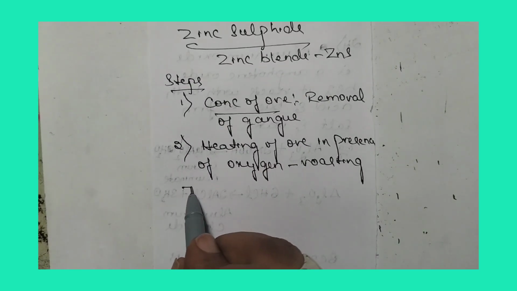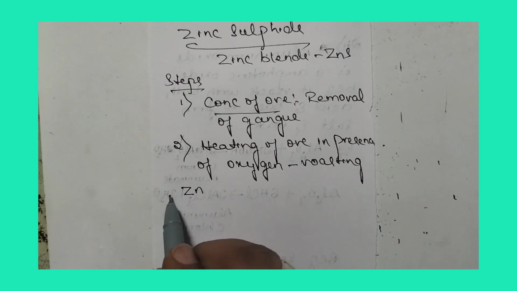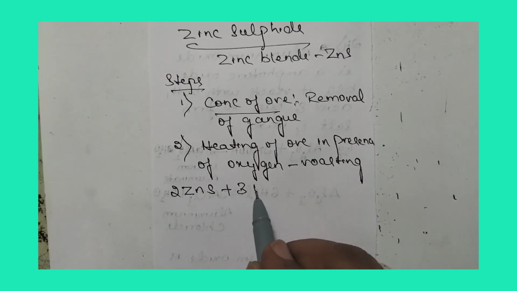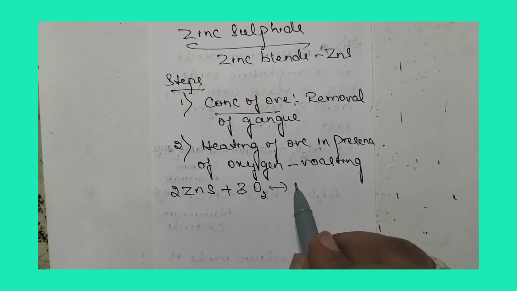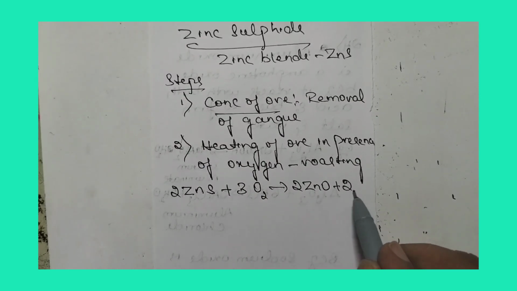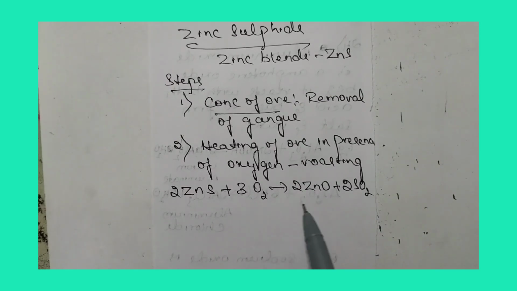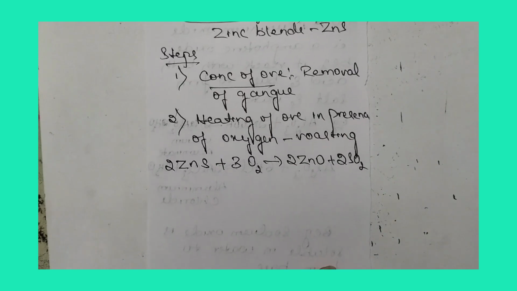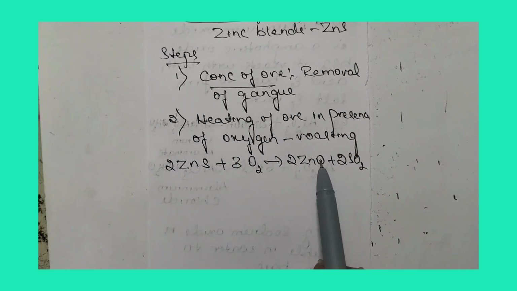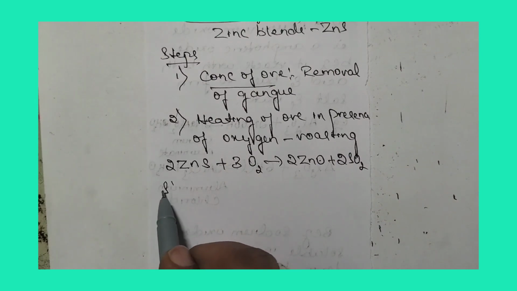Now let us write the equation: 2ZnS plus 3O2 gives rise to 2ZnO plus 2SO2. Sulfur dioxide is released and it forms zinc oxide. That means zinc sulfide ore is converted to oxide ore. This is step number 2.